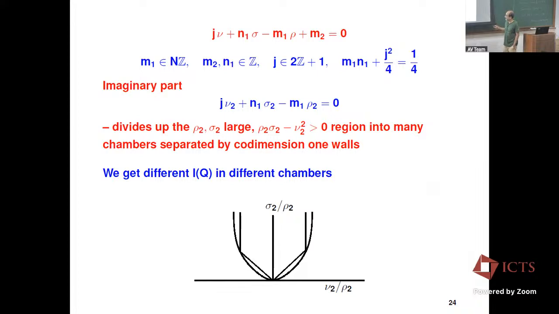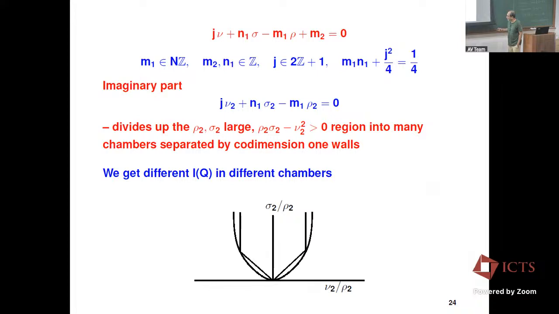So let's look at it in the two-dimensional plane, where this axis is ν2 over ρ2 and this axis is σ2 over ρ2. Here, this is the parabola that is this condition. This is not a wall, this is really the boundary of the space. And the straight lines that you see are the various walls.